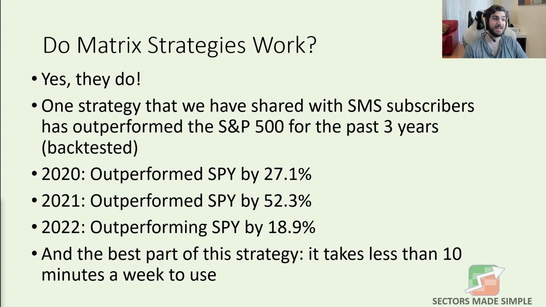So SPY had a 27% lower annual return than this strategy did. In 2021, our strategy beat SPY by 52.3%. And in 2022, despite how volatile the market has been, our strategy has still consistently outperformed SPY, currently outperforming SPY by a return of 18.9%. And that's 5 minutes a week, 10 minutes a week max, is all it takes to start using the matrix to invest simpler.